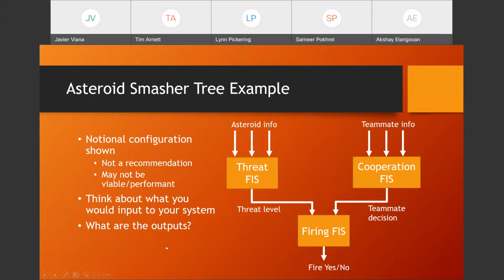And then also, what are the outputs? In this case, we're just making a decision whether to fire yes or no. But in other cases, you might have continuous control, especially for things like moving, your turn rate, moving forward, backwards, all of that. And so that's where membership function things come into play too. Those shapes.